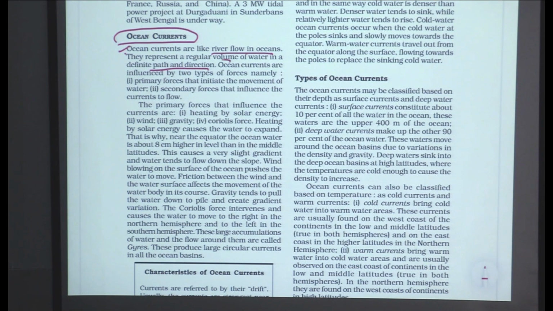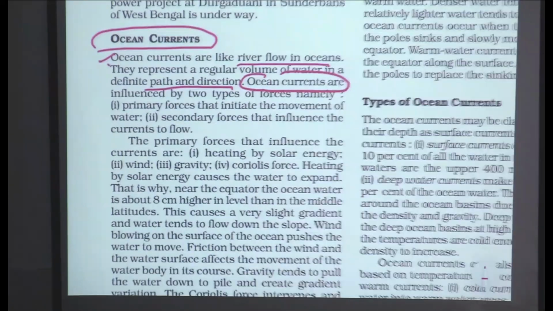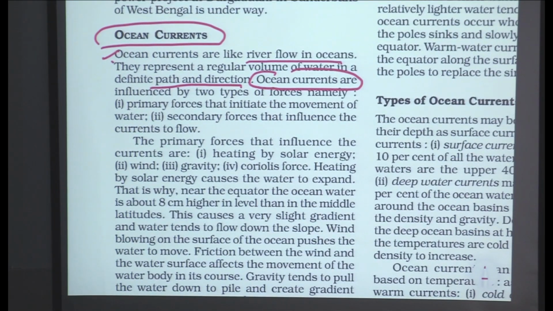NCERT also reads that ocean currents are influenced by two types of forces, primary and secondary. Primary forces initiate the movement of water, and secondary forces influence the flow of the current.